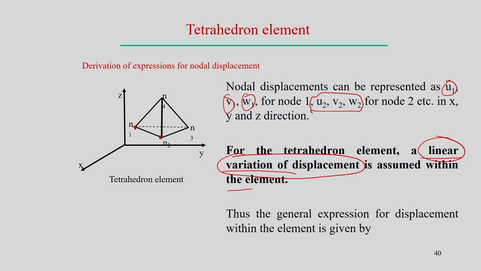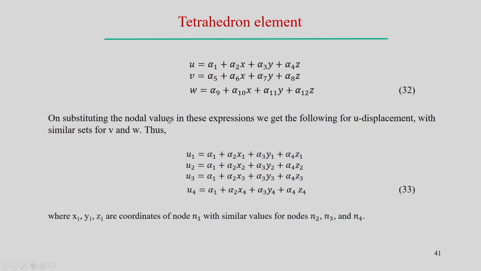So, the general expression for the displacement within a particular element, we can define this way. As we have already discussed, u is the general variable, the displacement field along the x axis.